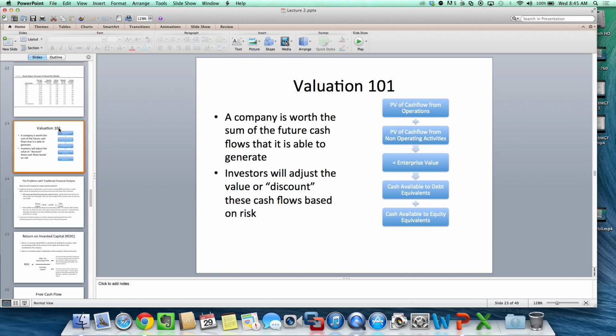And then we subtract the debt value, because the enterprise value is all the cash that's going to be available to the debt and the equity holders. If we subtract all of the debt and debt equivalents, so anything that's interest bearing that requires a return is going to be considered debt. So for example, bank debt, commercial paper, bonds, we mentioned the concept of leases, unfunded employee obligations, things that have to be paid back that require a return are going to be called debt or debt equivalents.